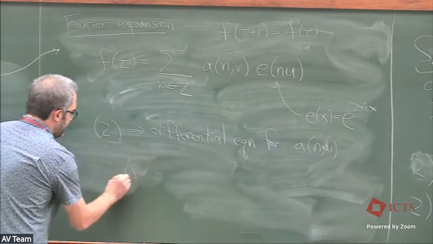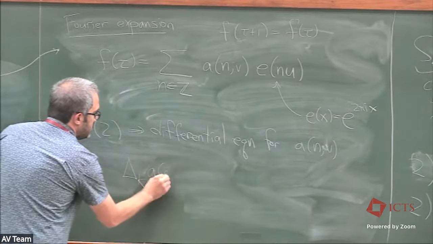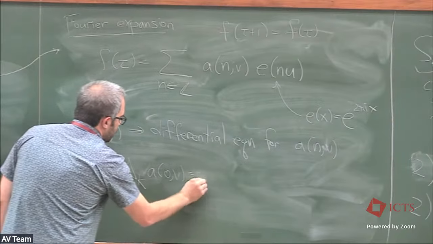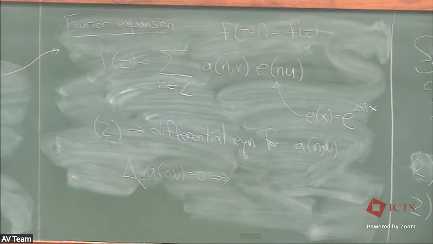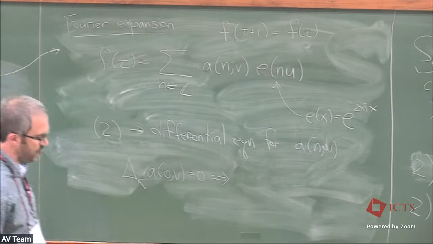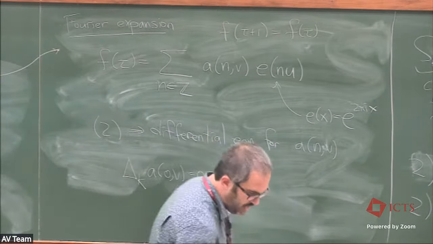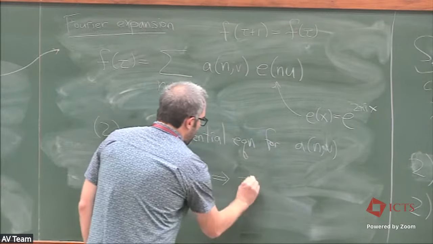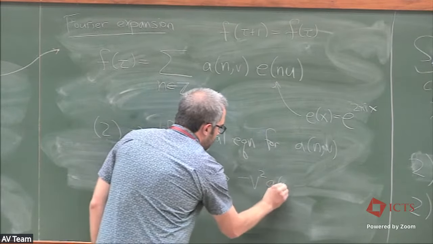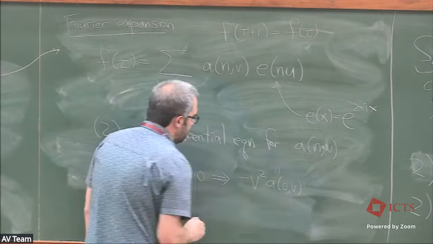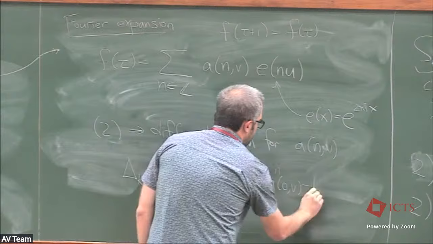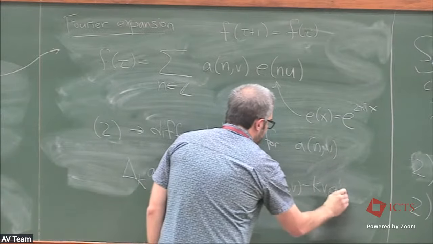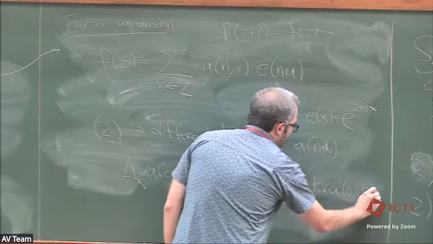So if I have delta_k a_0(v) equals 0, that's going to give me a differential equation that's satisfied by a_0(v). This one is quite easy to check: the second derivative of a_0(v) minus k/v times the first derivative of a_0(v) equals 0.